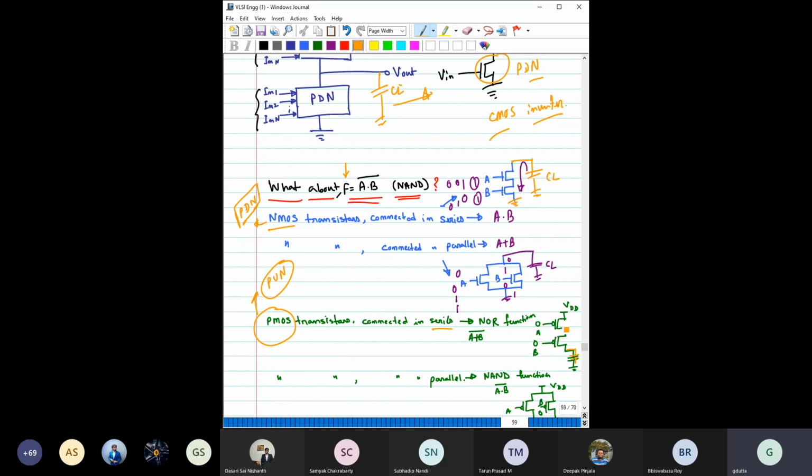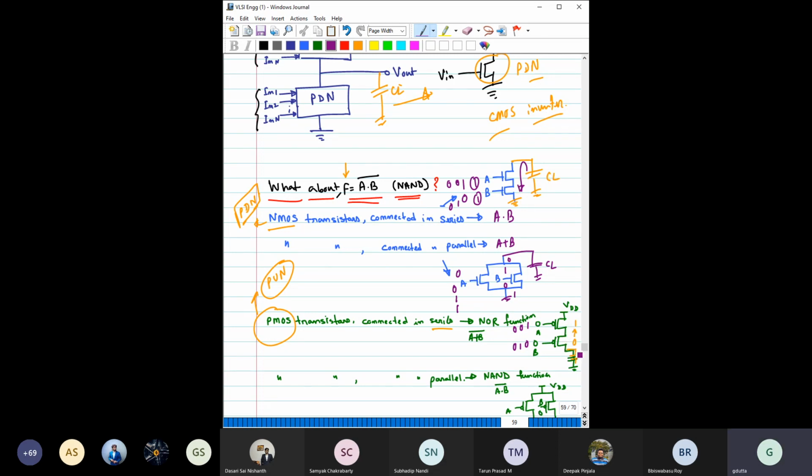It can charge when both the MOSes are on. So when you apply 0 0, both these PMOS are on, and at that moment only the output can switch from 0 to 1. For any other combination, like 0 1 or 1 0, one of the transistors is off, and that makes this path broken.